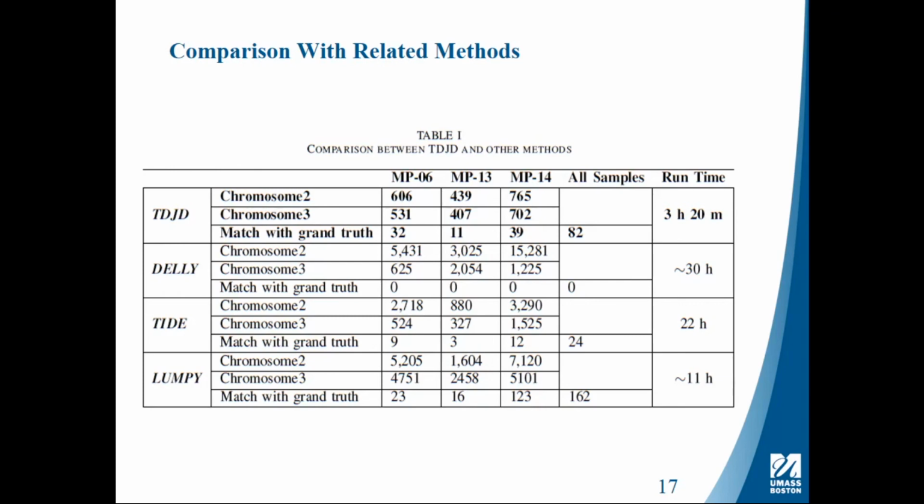TIDE is another method that uses LSH approximation, and it discovered only 24, and Lumpy discovered 162 SVs. You can see Lumpy has discovered more SVs, but it takes much longer to achieve that. So our method has good accuracy with a good running time.